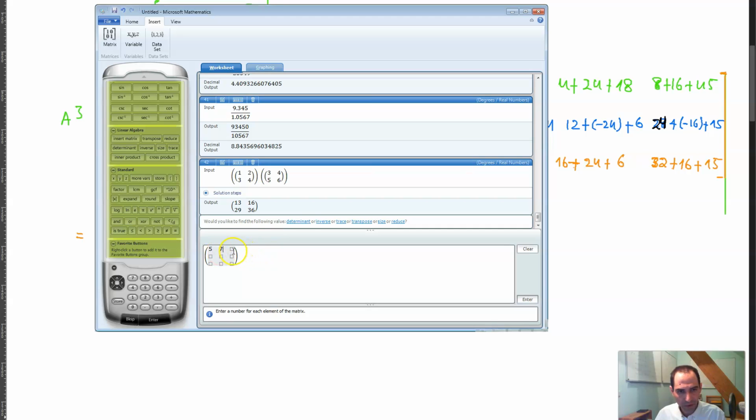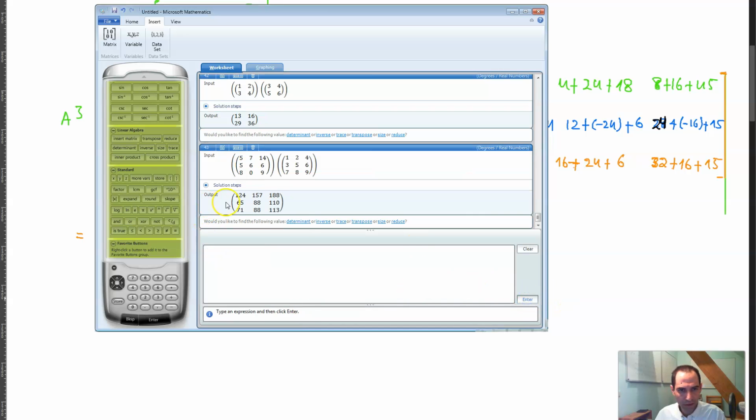I enter some matrix here, for example 5, 6, 6, 8, 9, 9, and then I want to multiply it by some other matrix of the same order, for example 1, 2, 3, 4, 3, 5, 6, 7, 8, 9.